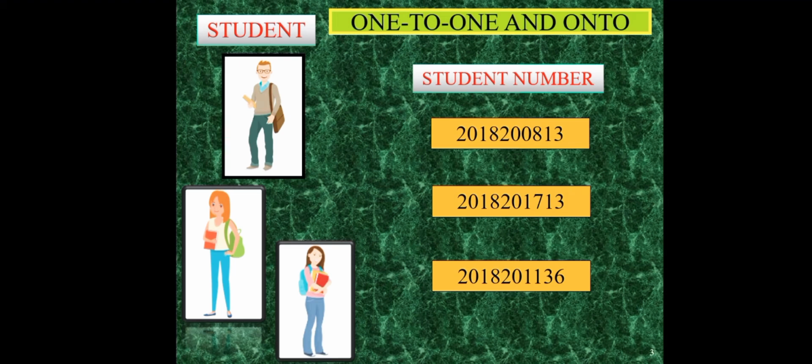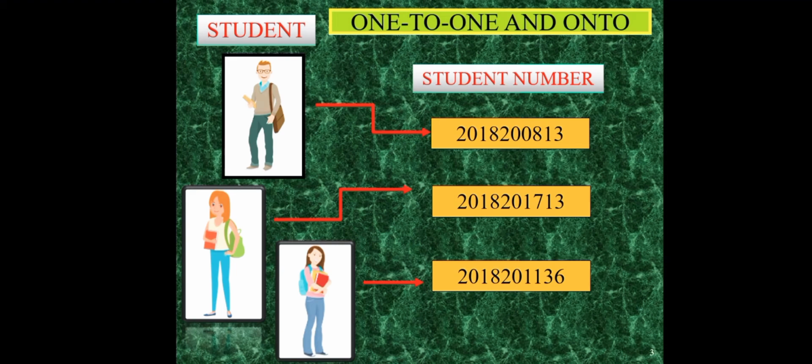Let's say that the student number of the first student is 2018-200-813, and the student number of student 2 is 2018-20713, while the student number of the last student is 2018-201-136. In real life, there is only one specified student number for every student in a school.